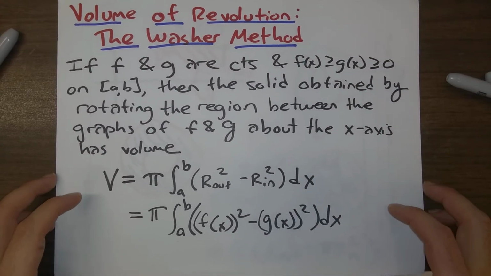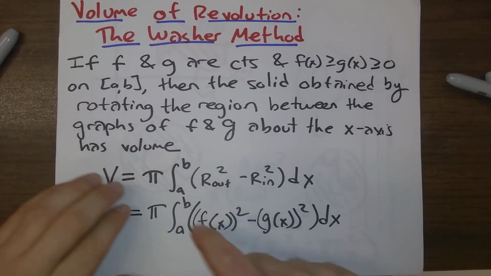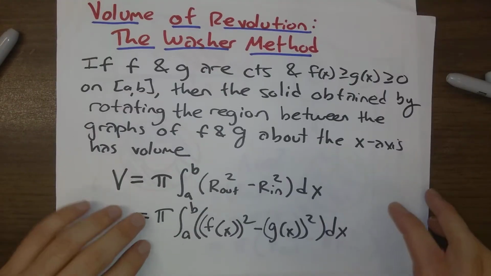And so here is our big formula in this section. If we have two functions, f and g, where f of x is always greater than or equal to g of x, and we assume everything is greater than or equal to 0 on the interval a to b, then the solid you get by rotating the region between the graphs of f and g around the x-axis has volume, exactly, just integrate this from a to b.